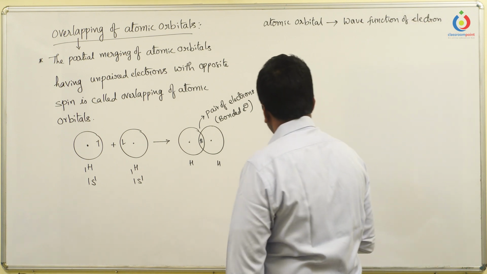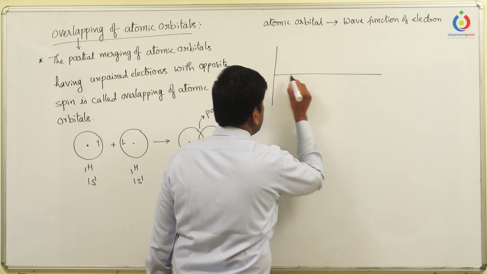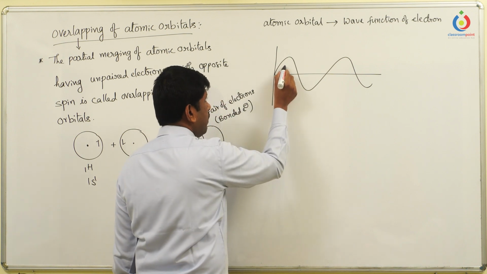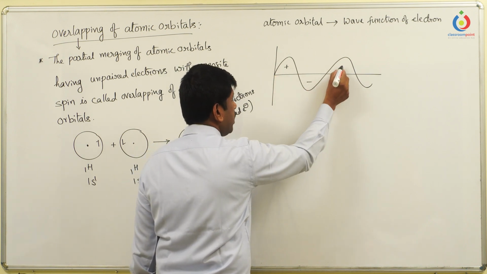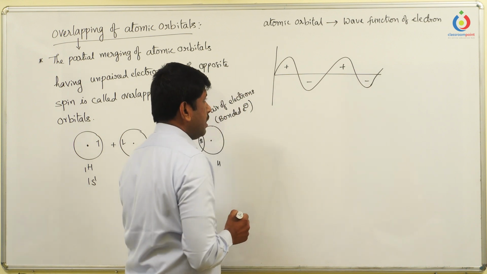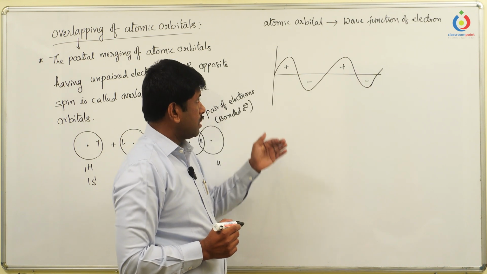When the electronic wave function is considered, imagine the electron moving like this, an electronic wave having both positive and negative phases. The plus and minus represent the presence of the electron in different phases.